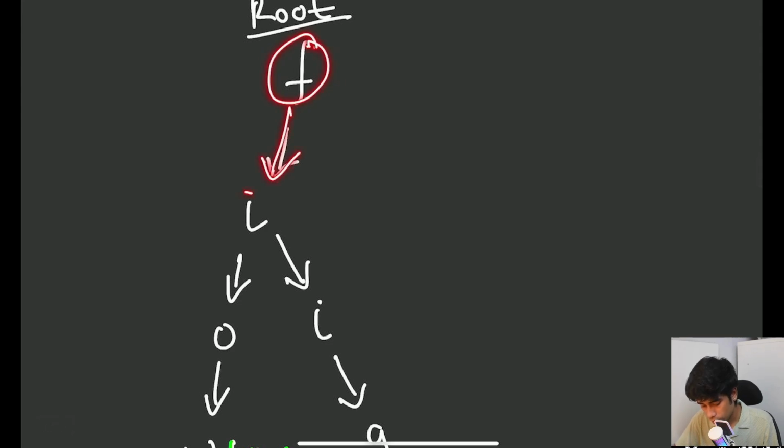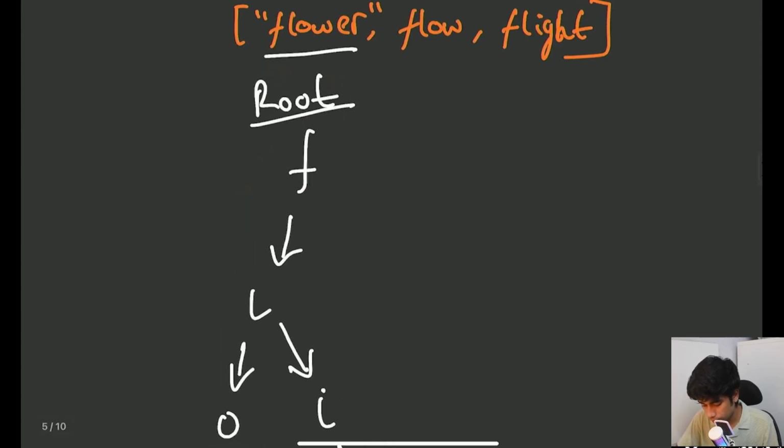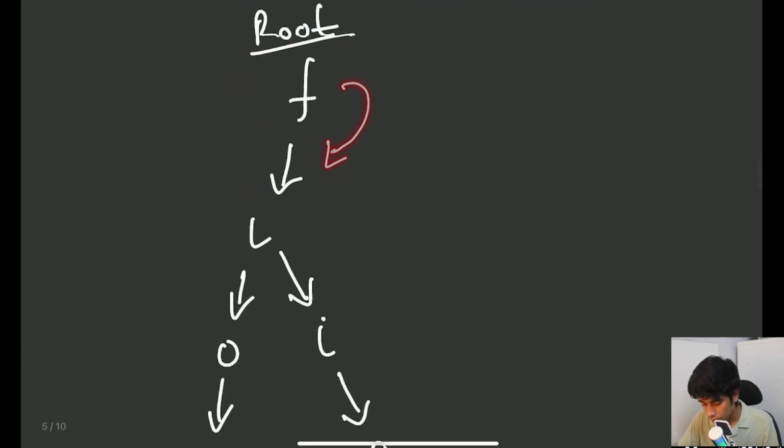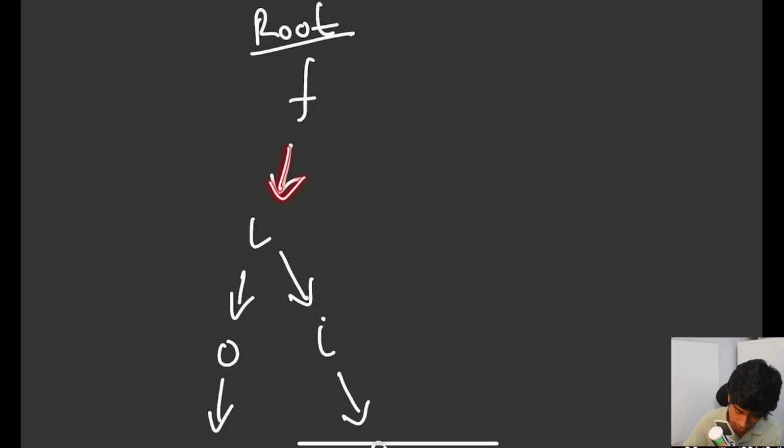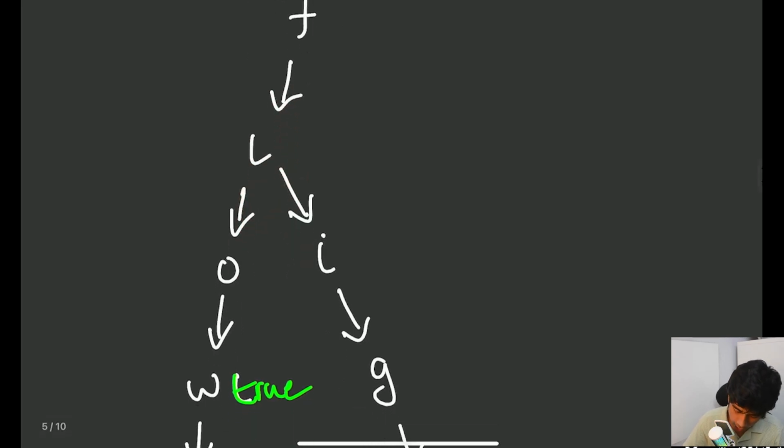Again, at the root level, the count was 1. I only had F, so that was fine, and then I traversed to F. Now once I'm at F, I check how many pointers or object references are there in that array. There's only one, pointing to L, so I'll go to that. And now when I reach L, I see that there are 2 pointers, which is greater than 1.